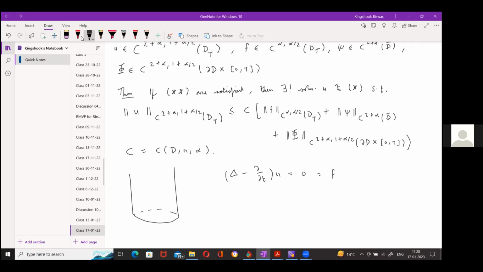And then the boundary condition: u at time 0 is some function psi, which is C^{2+alpha} up to the boundary. And then u of xi, t, you take to be constant, equal to psi of xi.